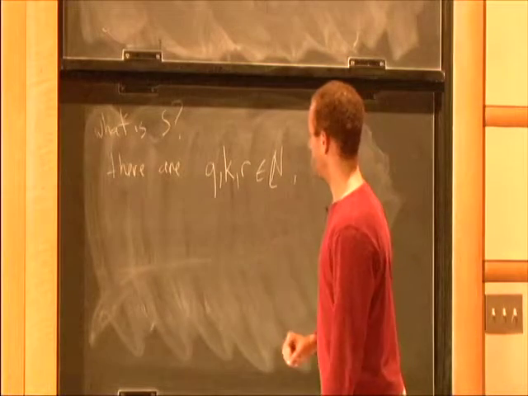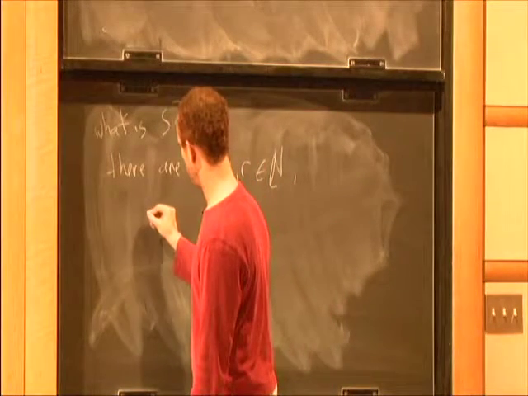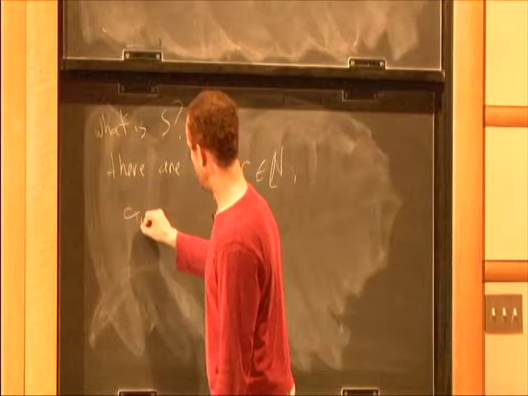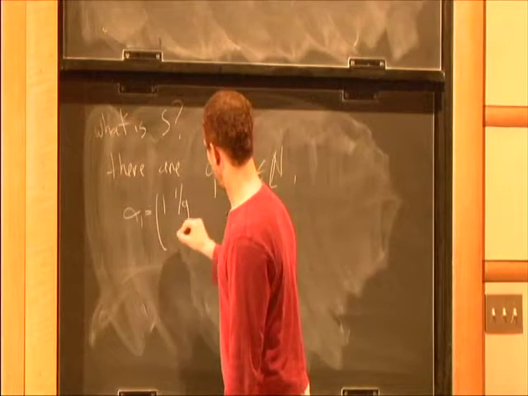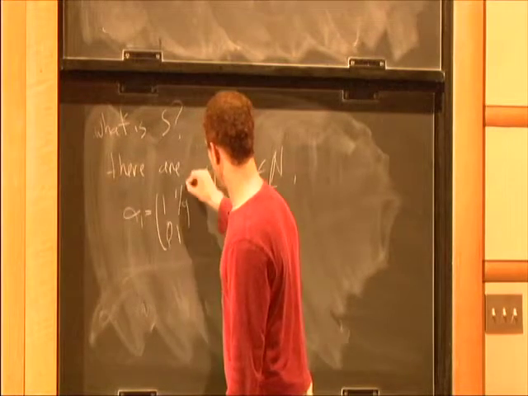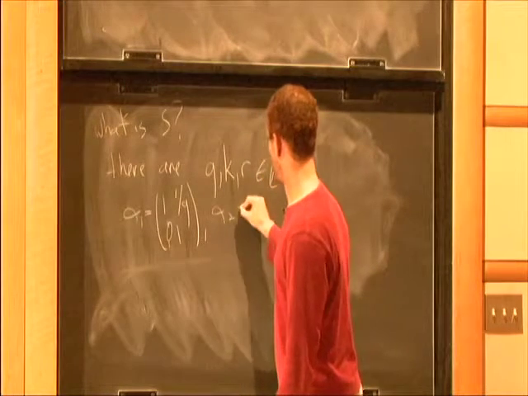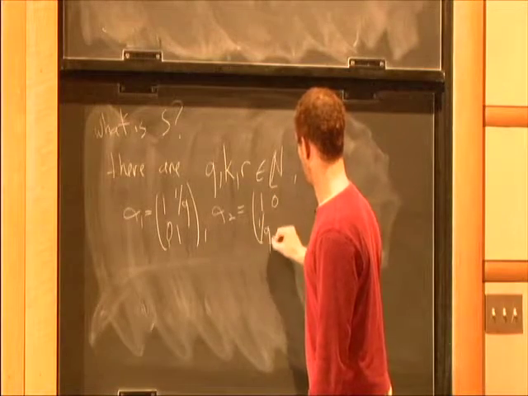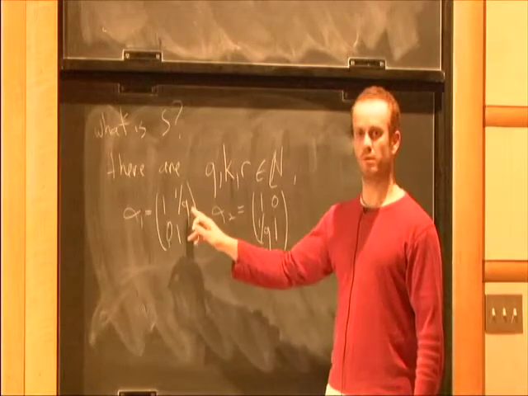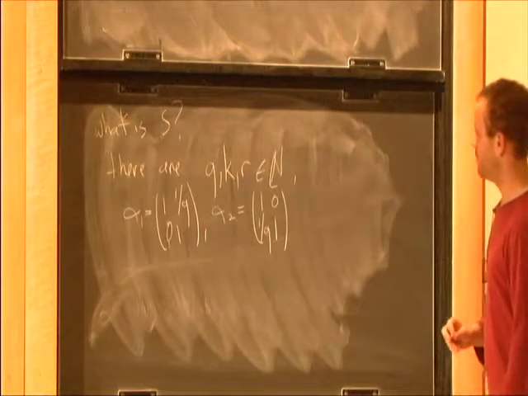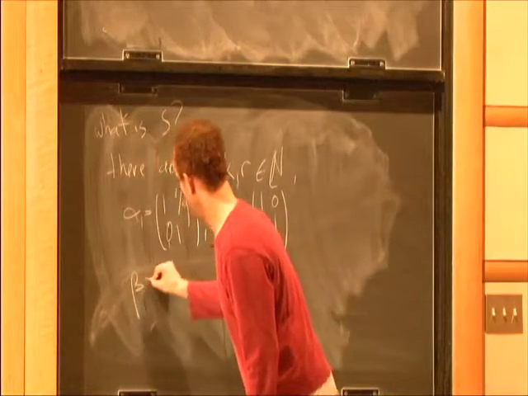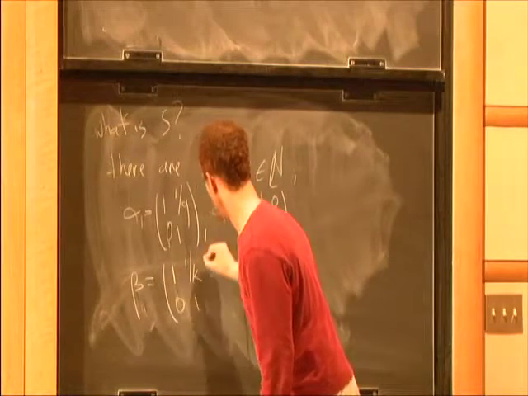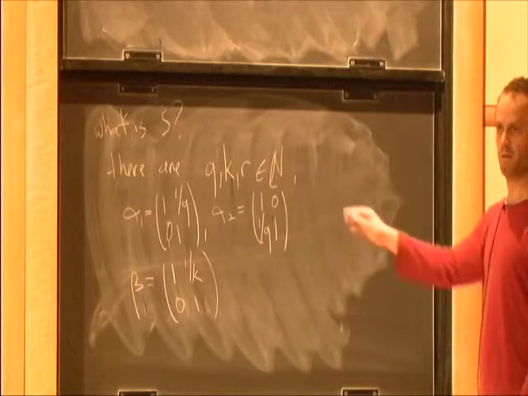And we look first at one set of matrices: alpha 1 is (1 over Q, 0, 1), and alpha 2 will be the transpose. So very simple matrices. Beta is (1 over K, 0, 1). Again, a very simple matrix.